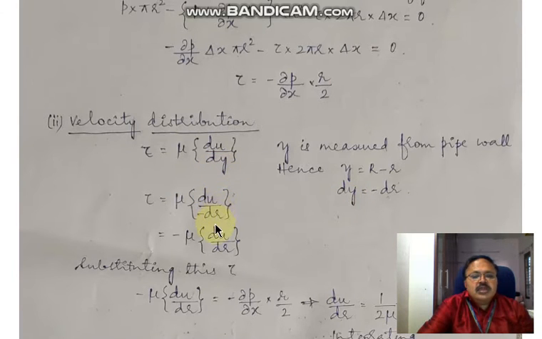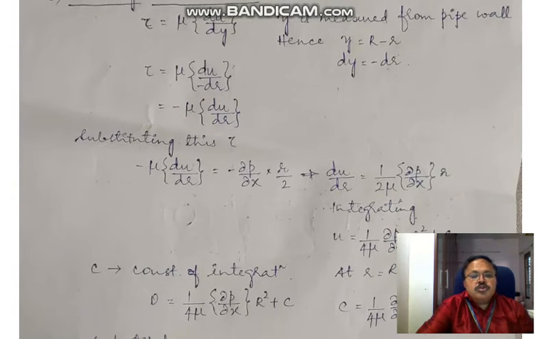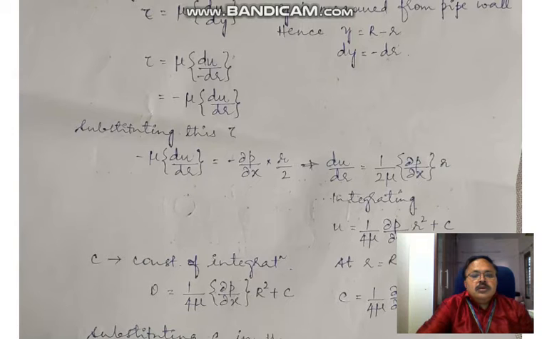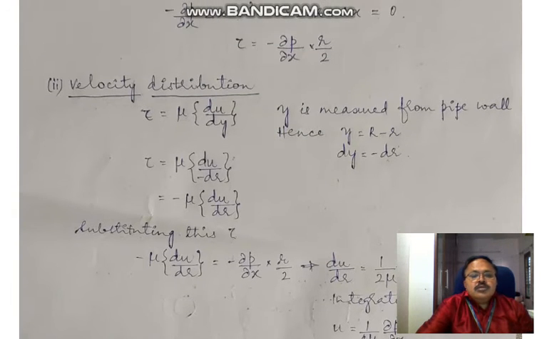Substituting dy as minus dr, we get shear stress equal to minus mu into du by dr. Substituting this tau, we have mu into du by dr equal to minus del P by del X into R by 2. So we have substituted the value of shear stress in the shear stress equation.